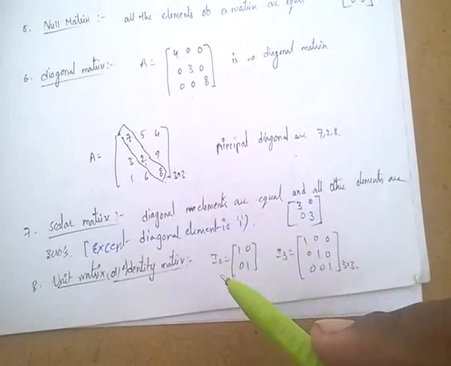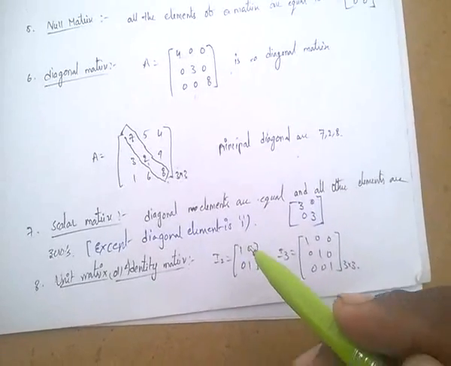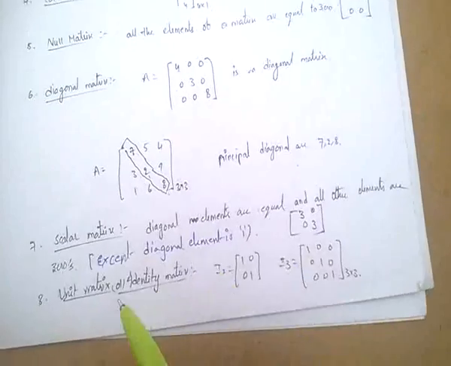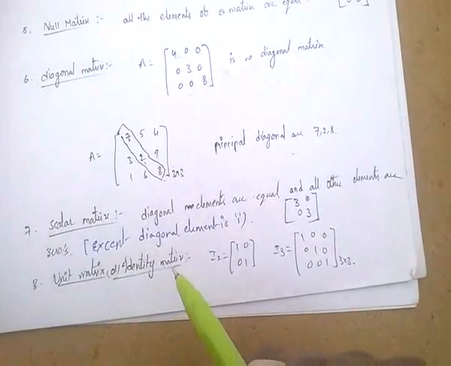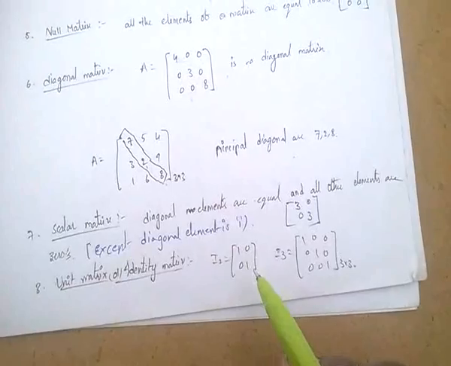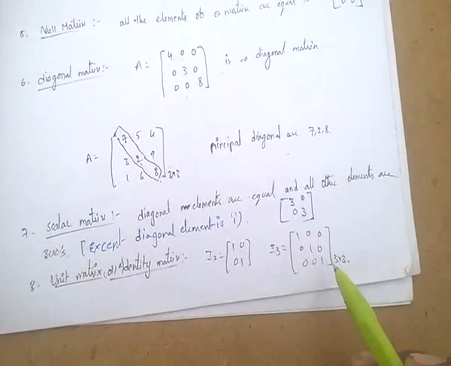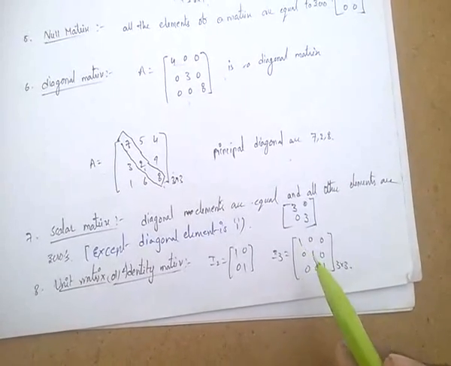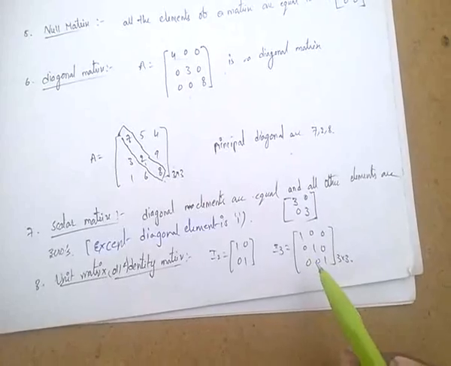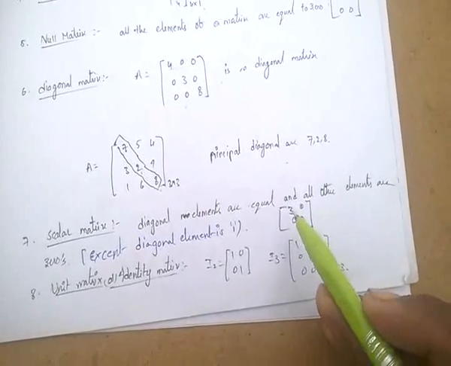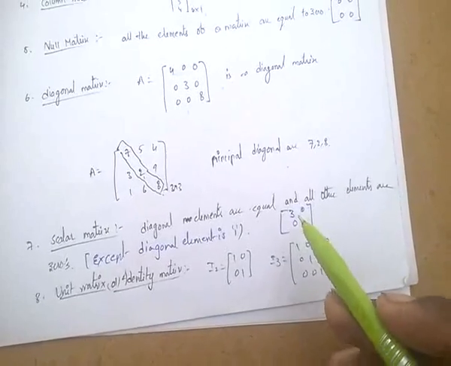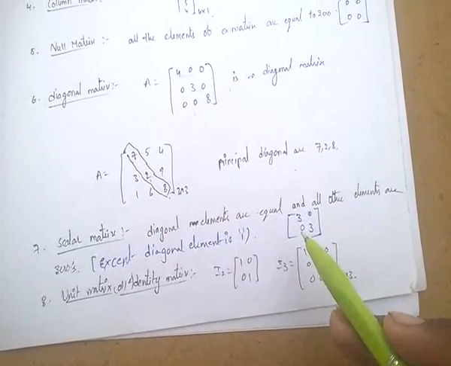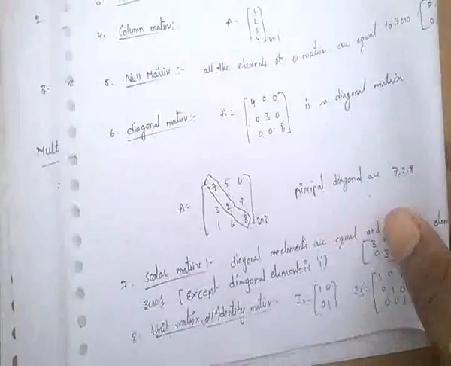If the diagonal elements are equal to 1 and all the remaining are zeros, then it is called a unit matrix or identity matrix, in case of order 2 by 2, in case of order 3 by 3. All the elements in the diagonal are 1, remaining all are 0, then it is called a unit matrix. If all the diagonal elements are equal, that means 2, 3, 4, 5, except 1, remaining all 0, then it is called a scalar matrix. Okay.